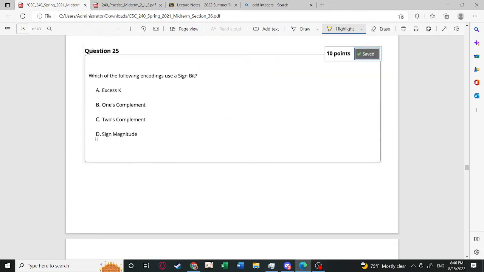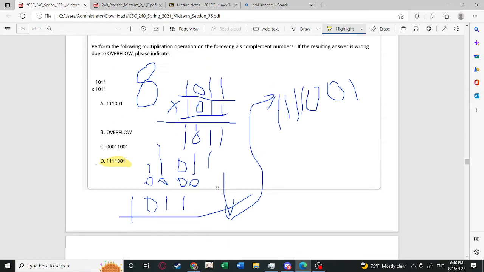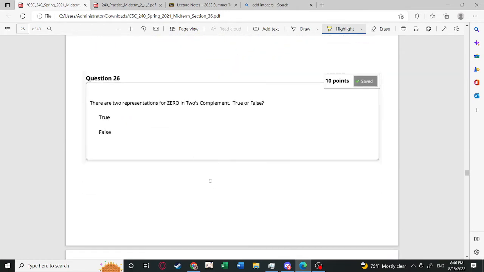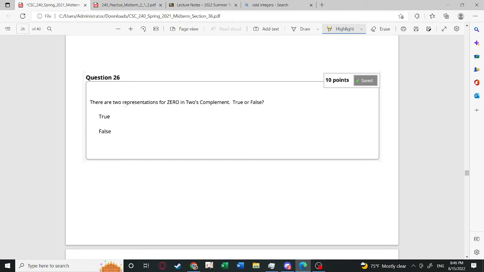Anyways, B, this is C, this is D. There are two representations of 0 in 2's complement.